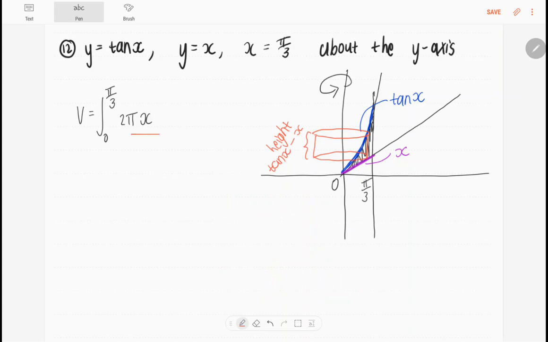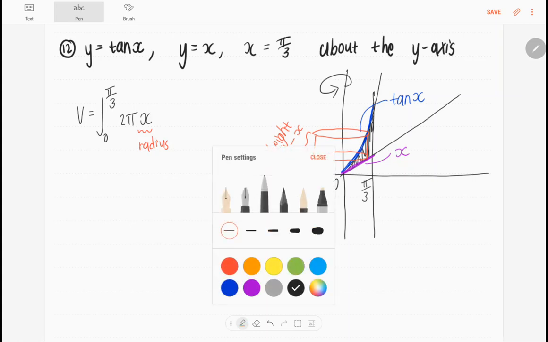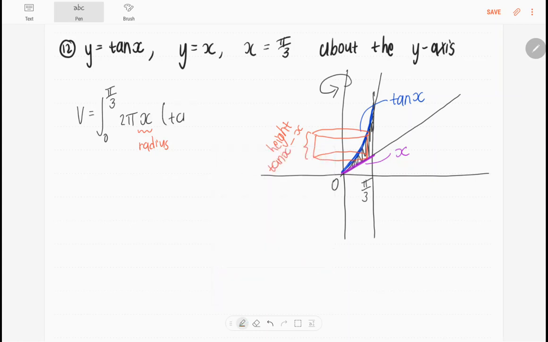So this is the radius. And then we have the height of the shell, which is just tan x minus x dx. And we're not going to solve this once again. So we just write that in. This is the height.